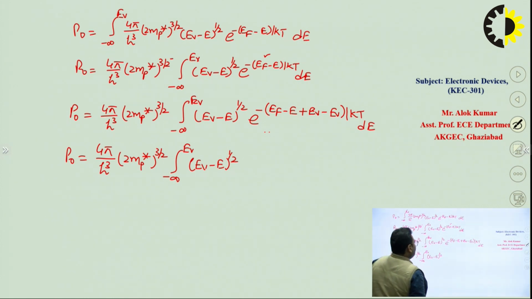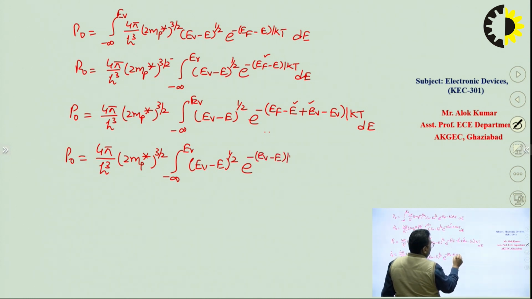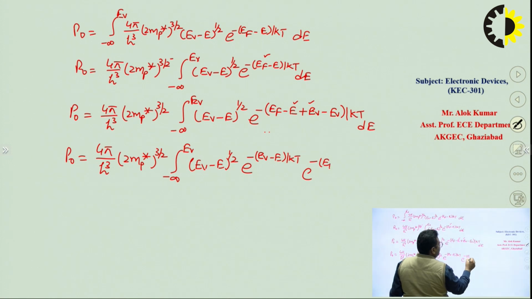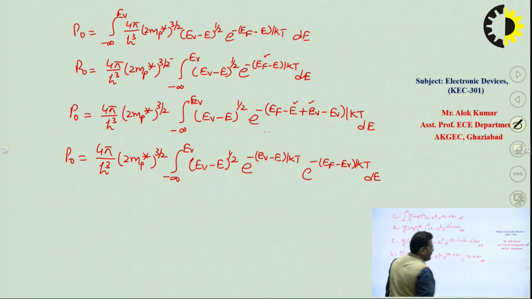I will write it as e to the power minus EV minus E upon KT, and the second term will be e to the power minus EF minus EV upon KT with respect to dE.